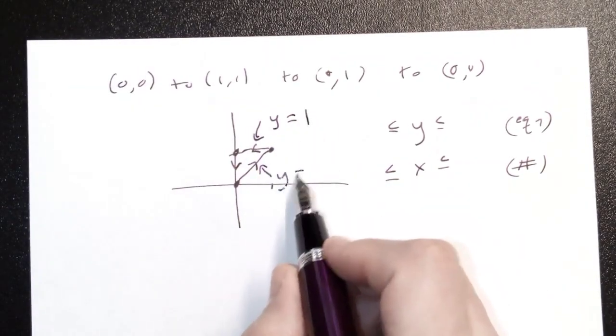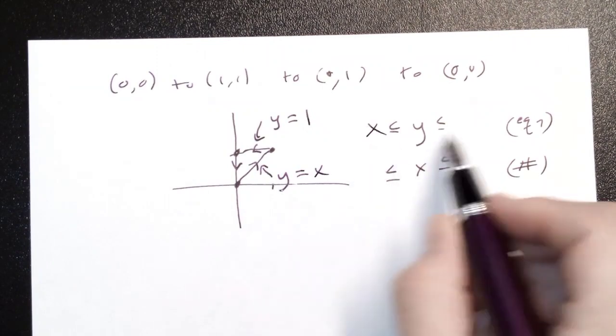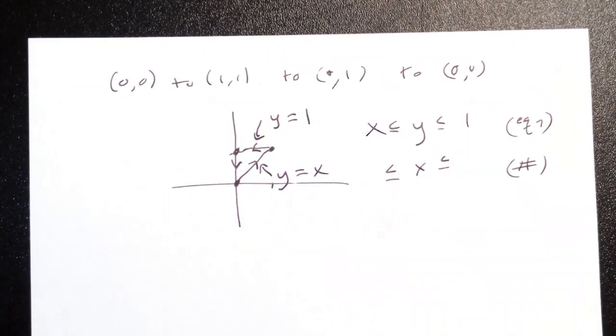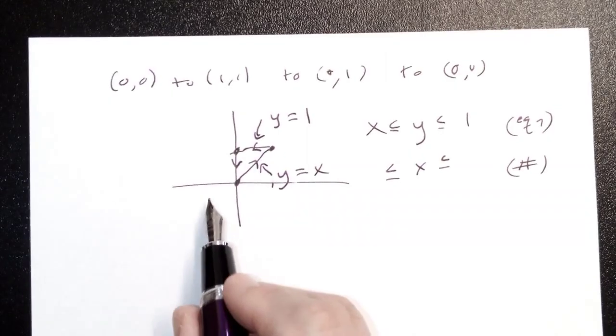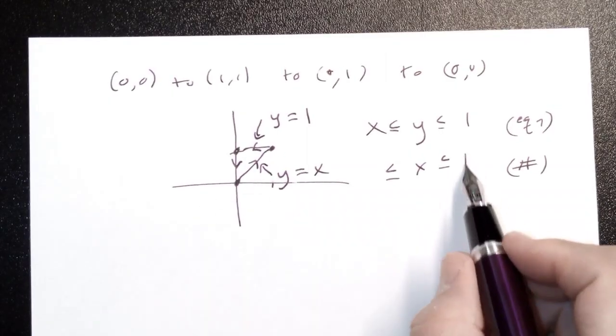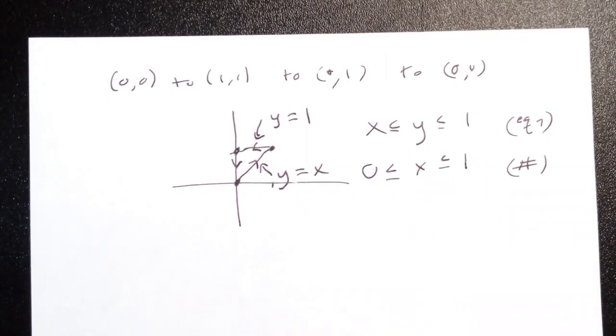What's this equation? Bottom to top. What are the numbers for x? Because when I think of it dy dx, I don't care about the direction of the curve anymore. I just care about the region. Ignore the arrows now.